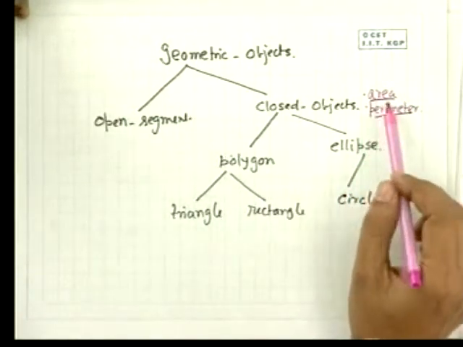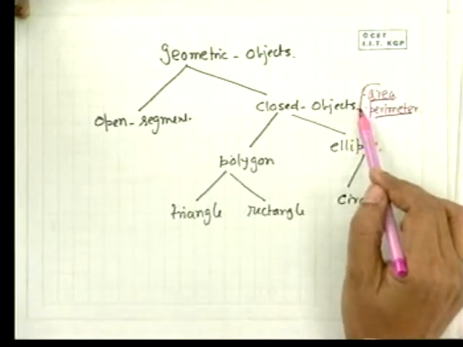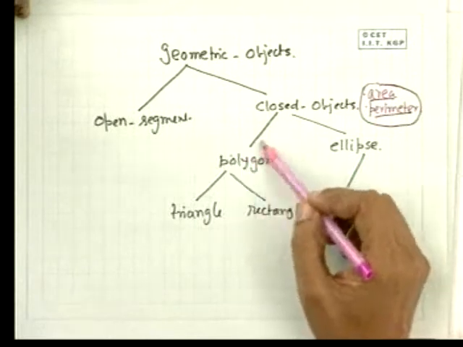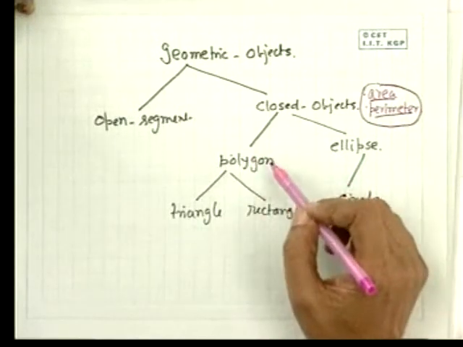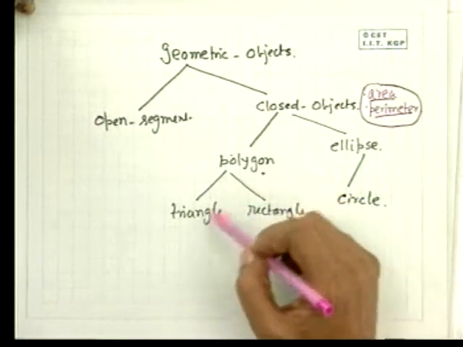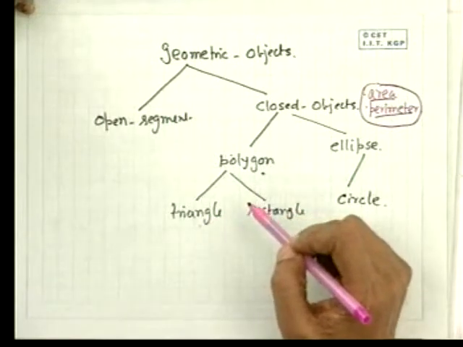Now, since we have talked about inheritance, single inheritance in this case, polygon also being a closed object will also have an area and a perimeter, and triangle also will have an area.